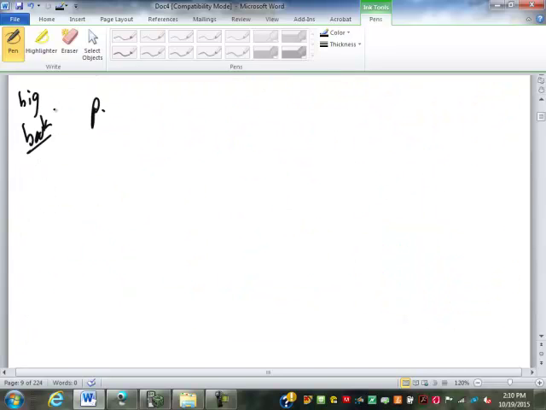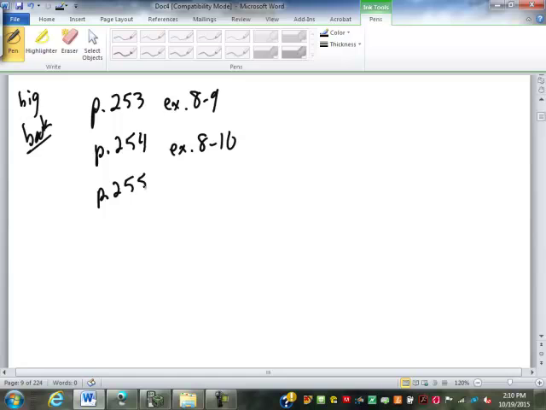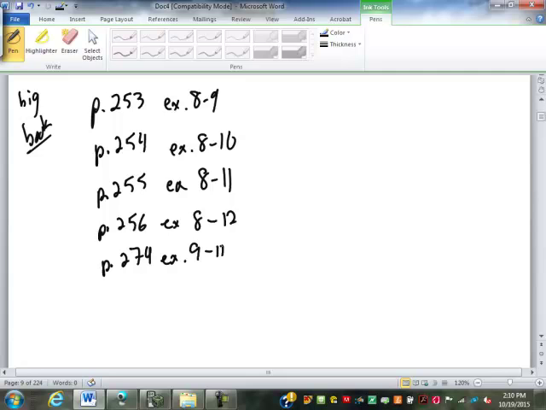Okay. In the big book, there's going to be a few pages involved here. On page 253, it's exercise 8-9. Page 254 is exercise 8-10. Page 255, it is exercise 8-11. Page 256, exercise 8-12. Page 274, exercise 9-11.